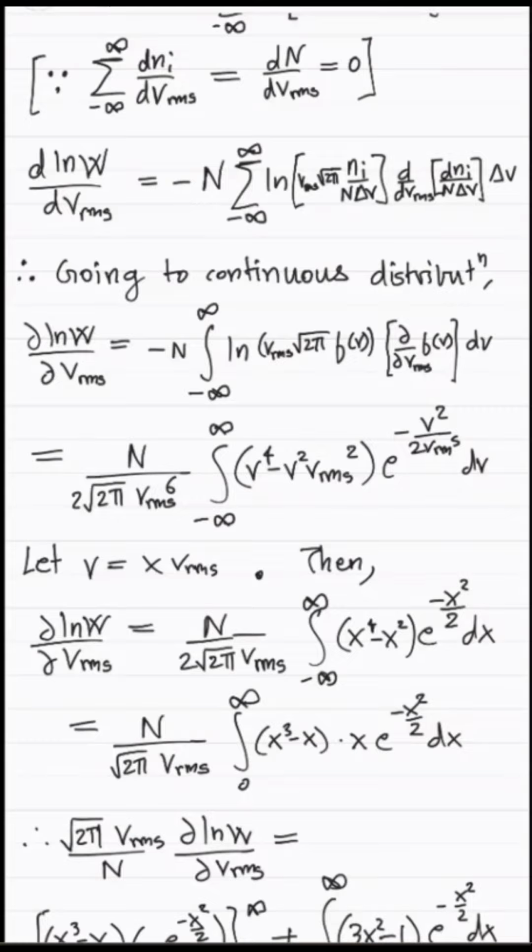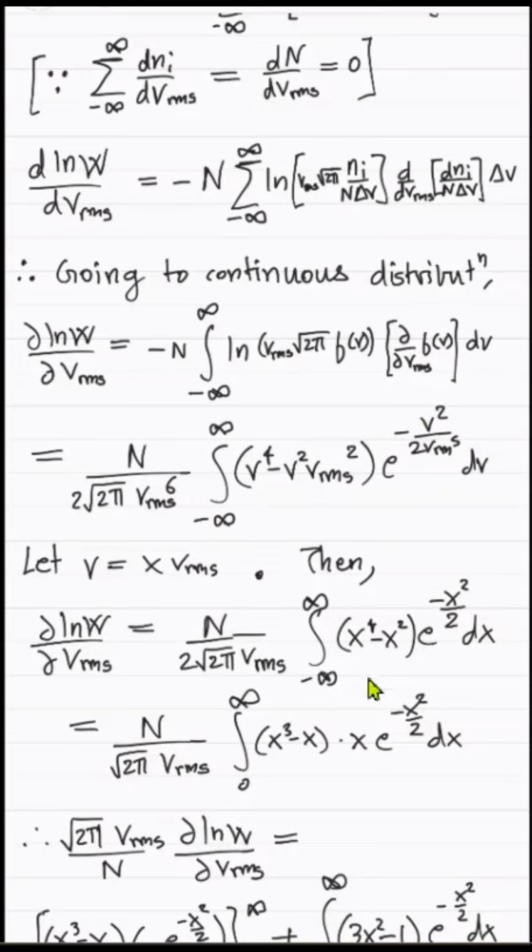All right, cool. Now let V be equal to x VRMS. This x is actually different from the mole fraction. If you just set V equal to some number x times VRMS, this is happening for each V value in our range.